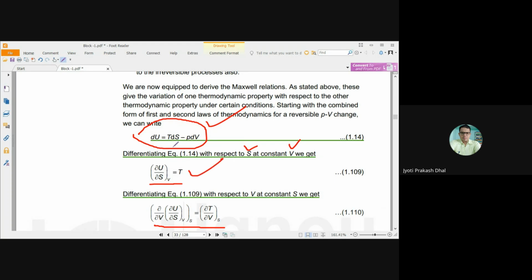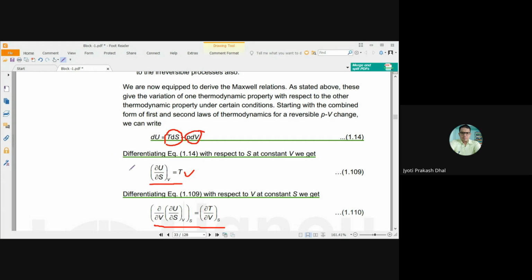How is that obtained? If we differentiate this fundamental equation with respect to entropy, del U by del S at constant volume, the first term becomes the derivative of TdS with respect to S, which is only T. And as we have considered the volume as constant, the derivative of the PdV term becomes 0.